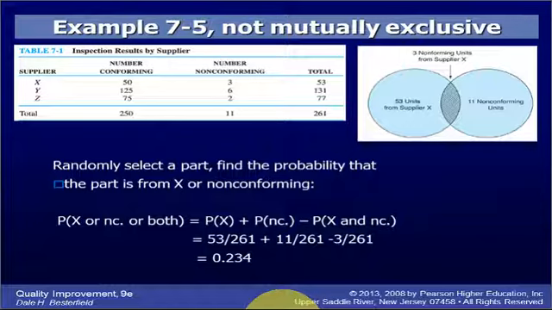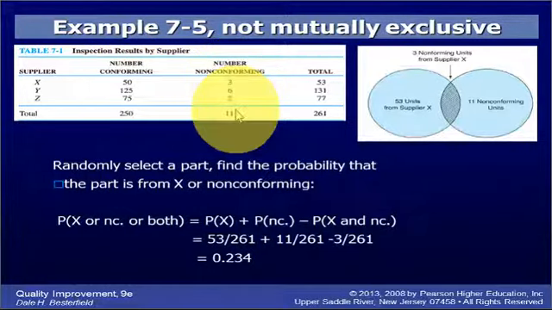And here's our example 7.5 for the not mutually exclusive example. If I randomly select a part, what is the probability that the part is from X or non-conforming? So now we can see that the parts from X comprise 50 conforming parts and 3 non-conforming parts. And also there are 11 non-conforming parts.